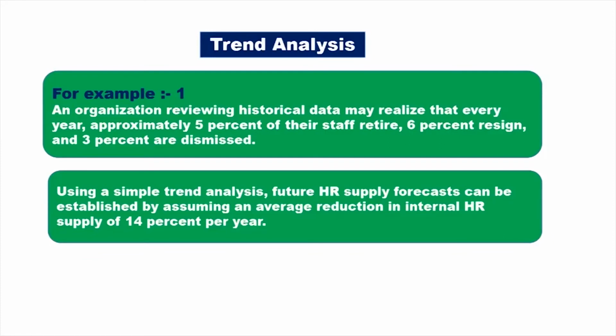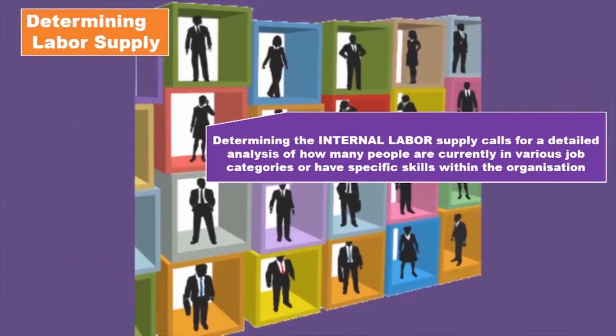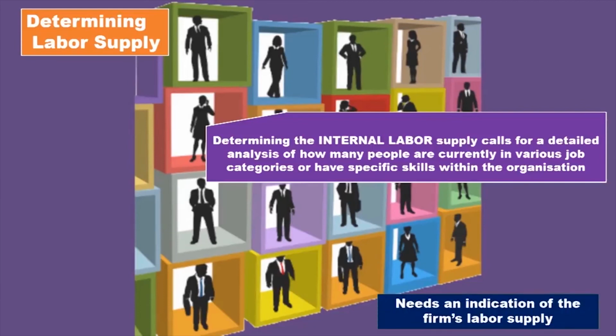Well, the next forecasting is determining the labor supply. Well, once a company has forecasted the demand for labor, it needs an indication of the firm's labor supply. Now, determining the internal labor supply calls for a detailed analysis of how many people are currently in the various job categories or have specific skills within the organization.